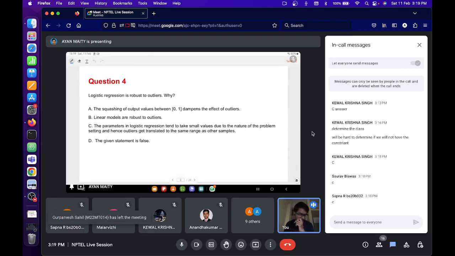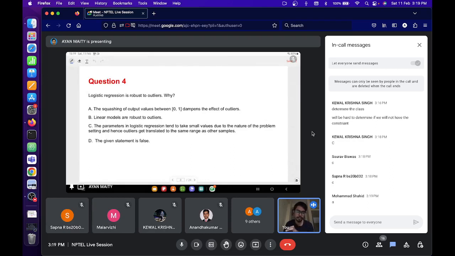It is not always true that parameters would be taking small values, because we make the output small by using the sigmoid function. It can be anything like plus 1000, and we apply the sigmoid function on that, and then it comes between 0 and 1. So the parameter values can be from minus infinity to infinity.